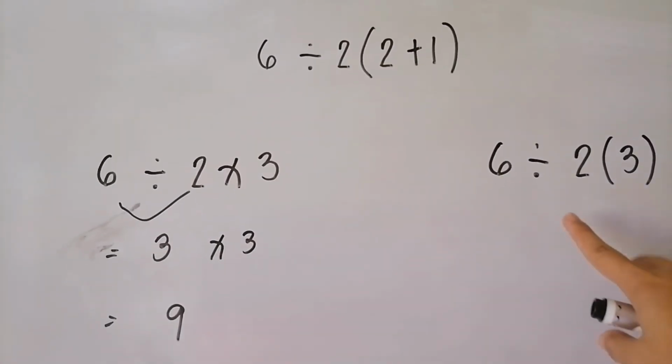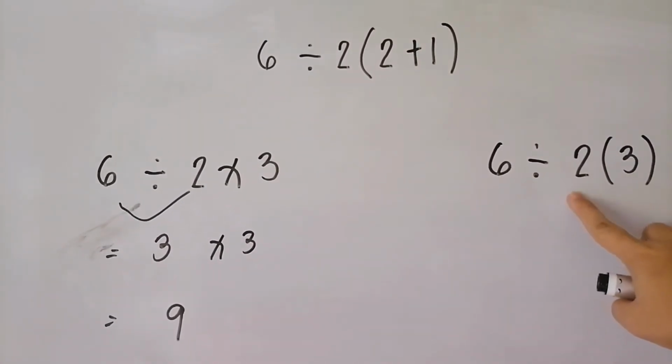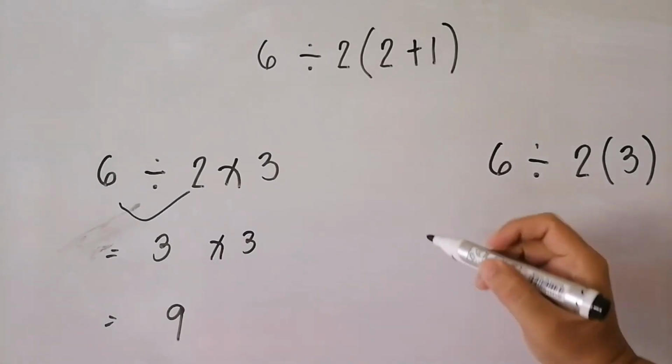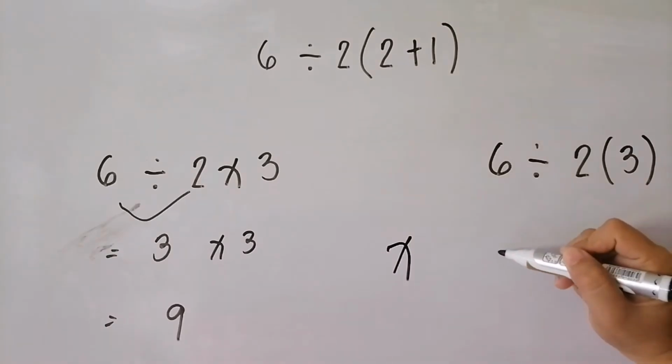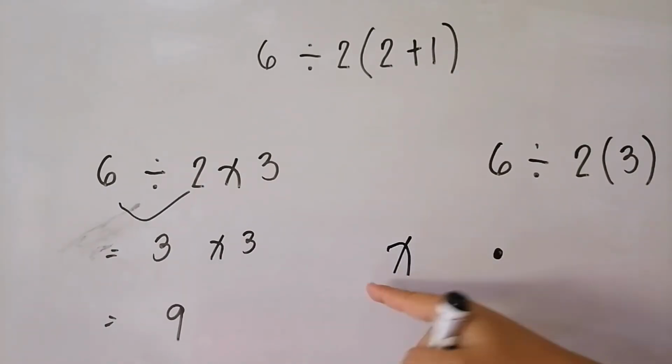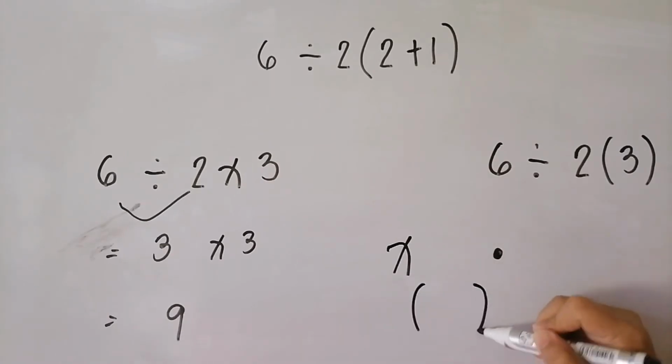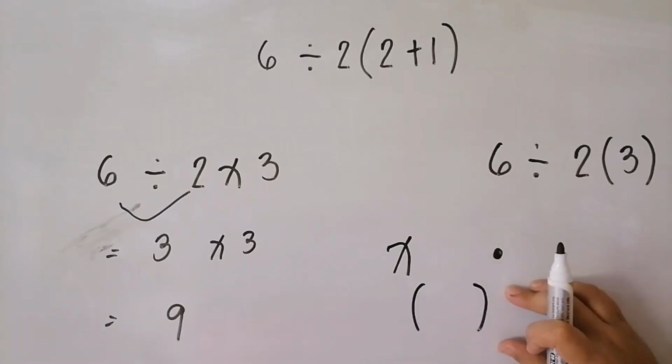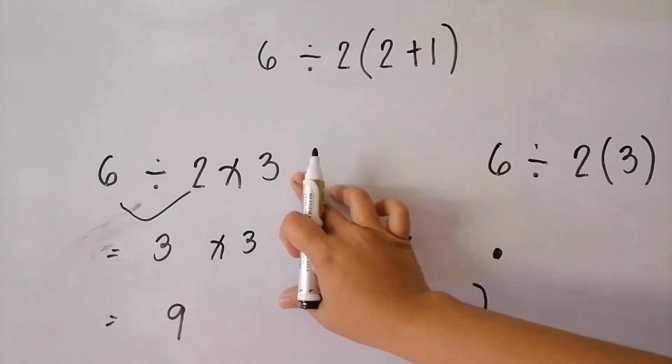However, in this example, 6 ÷ 2(3), the left-to-right order of operations applies only when multiplication is written with the multiplication symbol. If multiplication is implied with parentheses, it should be of higher priority than the left-to-right rule.